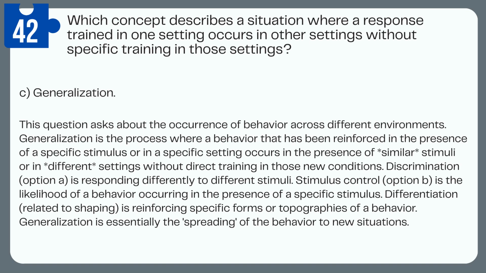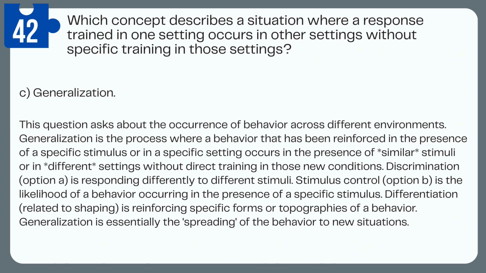Answer C. Generalization. This question asks about the occurrence of behavior across different environments. Generalization is the process where a behavior that has been reinforced in the presence of a specific stimulus or in a specific setting occurs in the presence of similar stimuli or in different settings without direct training in those new conditions.